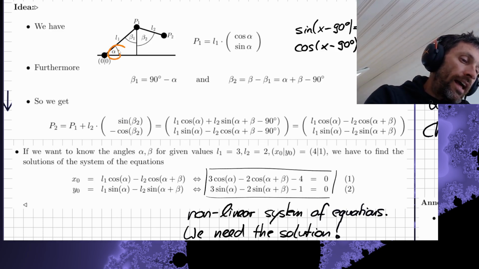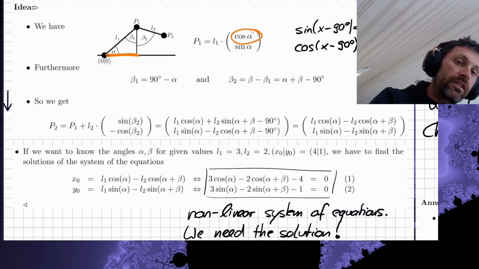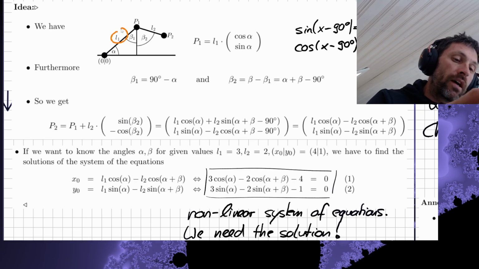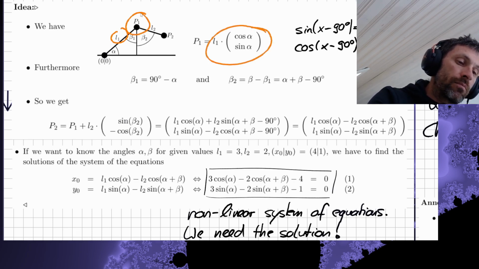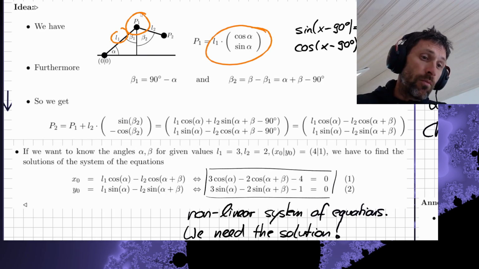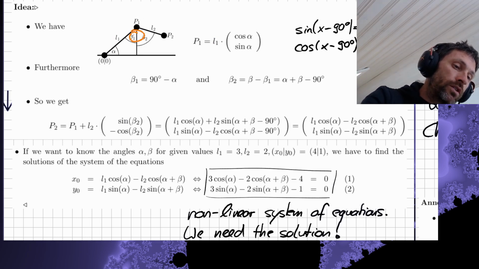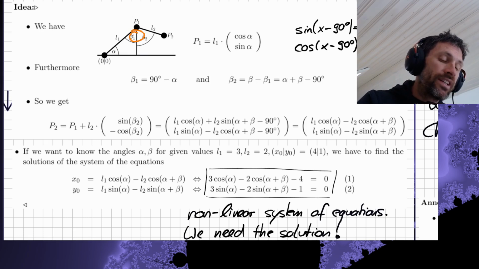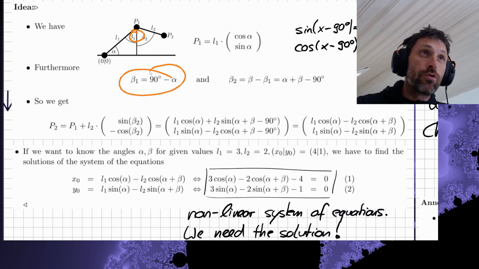If you know alpha, and obviously we know L1, what can we do? We can find this position. This is the sine of alpha, and this is the cosine of alpha, or better, multiplied by L1. So this is the position P1. Obviously, this is simple trigonometry. Next, beta 1. If we have alpha, we can calculate beta 1 by subtracting alpha from 90 degrees.